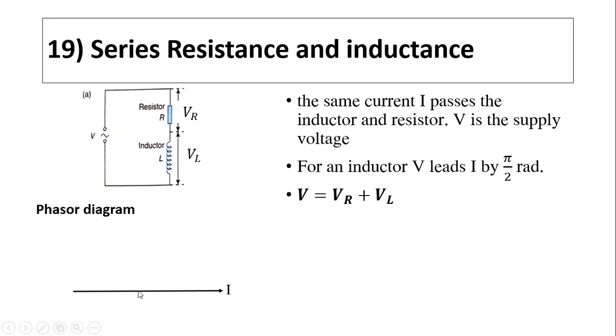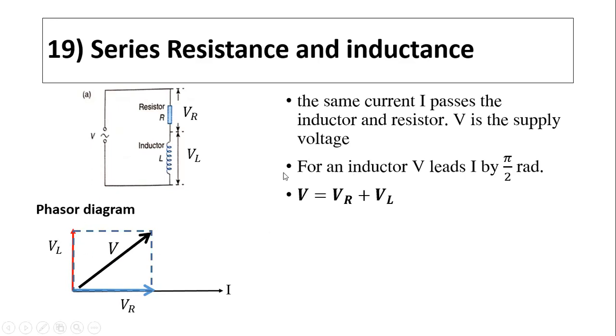We can still draw our I. Our I is our reference. Then our VR and I are in the same direction. Then we can draw our VL, then form a rectangle to find our resultant V. The power supply provides your VR and VL.